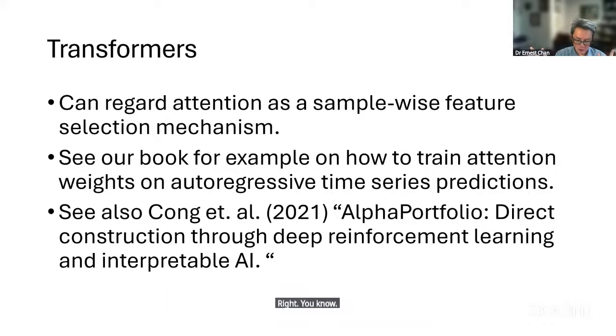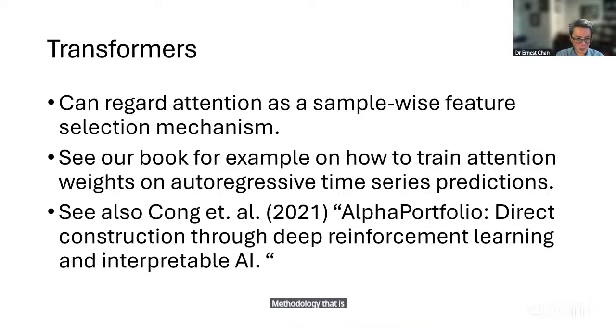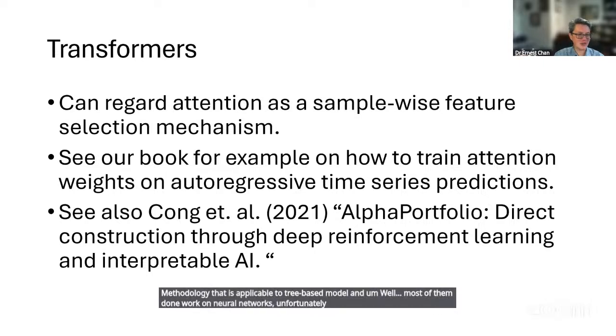Maybe a lot of you are familiar with tree-based models, decision trees, regression trees, and you might have read Dr. Marcos Lopez's part of the book, on all these different feature selection or feature importance ranking methodologies that are applicable to tree-based models. Well, most of them don't work on neural networks, unfortunately. They only work on trees. But attention is such a mechanism.